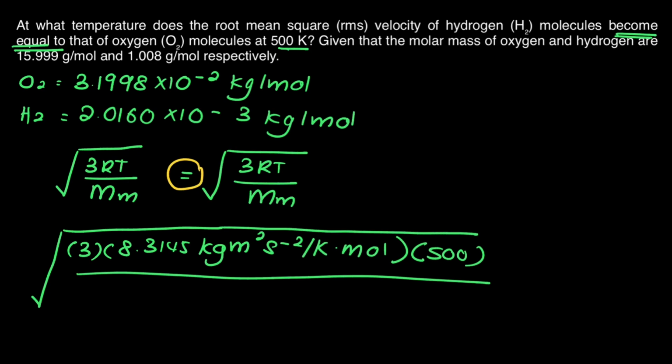Now this one will be the molar mass for oxygen, 3.1998 times 10 to the power of negative 2. Next, it should be equivalent to the same thing but for hydrogen, only that the T here is what we need to calculate.